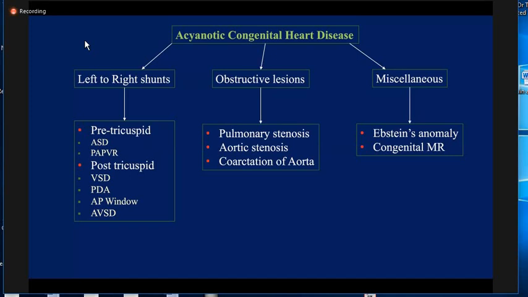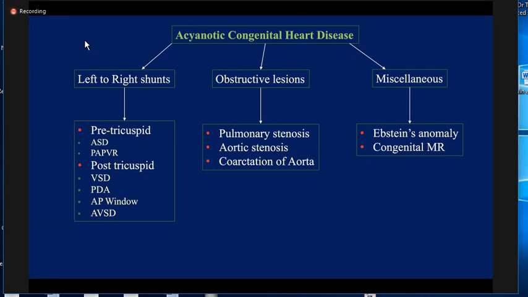Because the pretricuspid shunt's presentation is subtle, most of the time asymptomatic. Post-tricuspid shunts are most of the time symptomatic and they have heart failure. If you don't treat a post-tricuspid shunt, they may develop pneumonia, pulmonary arterial hypertension, and other complications like endocarditis. Whereas in pretricuspid shunts, the presentation is much later and development of heart failure is rare.